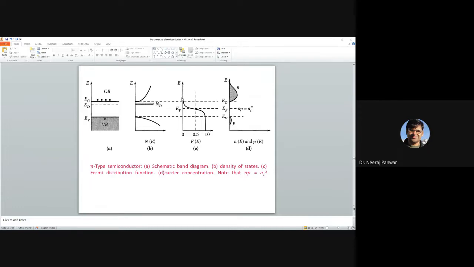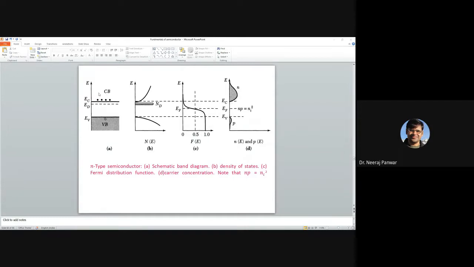And this is the Fermi-Dirac distribution function. In order to calculate the concentration of electrons in the conduction band or holes in the valence band, we need to multiply the Fermi-Dirac distribution function with this density of states, and we will get this graph. So the area under this curve will tell the electron concentration in the conduction band.